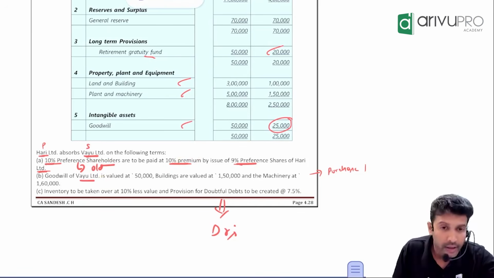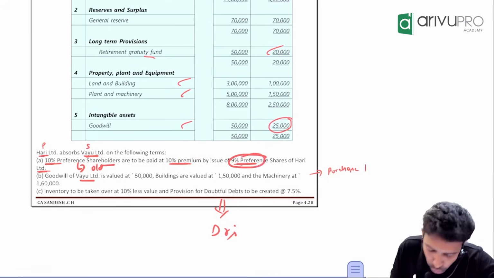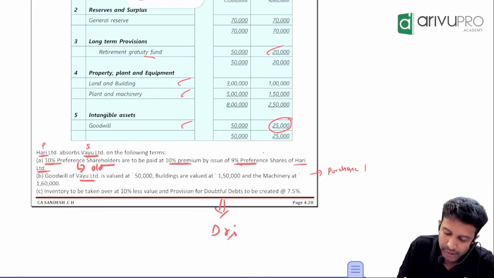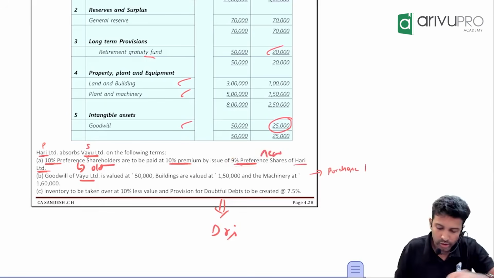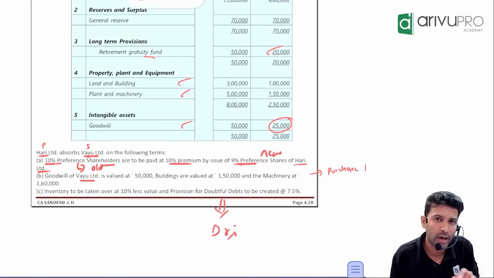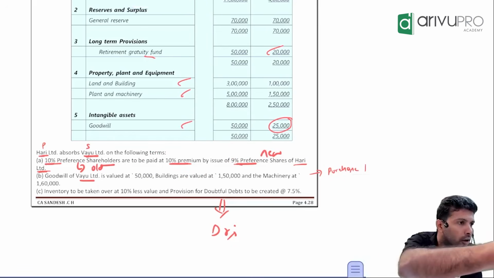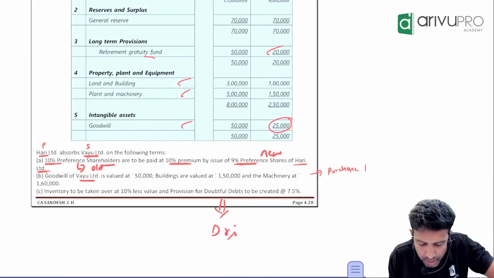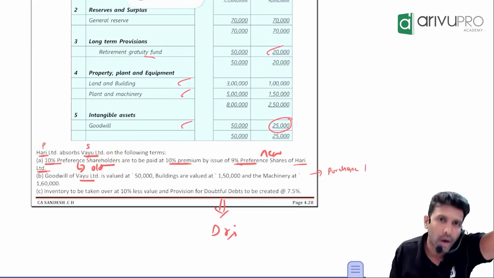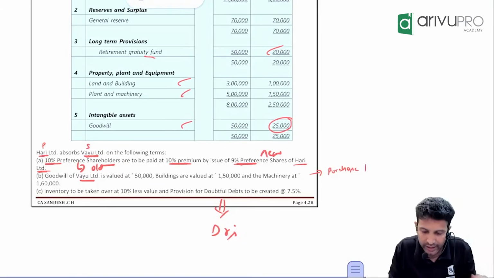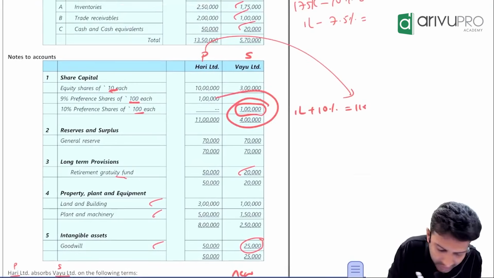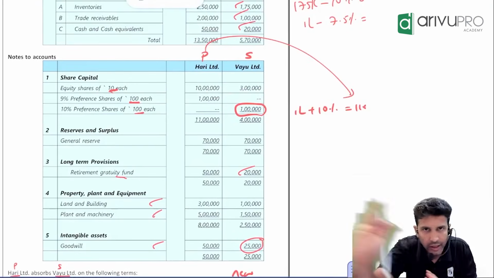Old, right? By issuing new 9% preference shares of Hari Limited. That means this is new. Now, reading this line, what can you make out? The word premium is used next to the new component or the old component? Old component. When the premium is used next to the old component, what it simply means is we are taking over the preference share capital of the selling company at 1 lakh plus premium. We are not giving them 1 lakh.